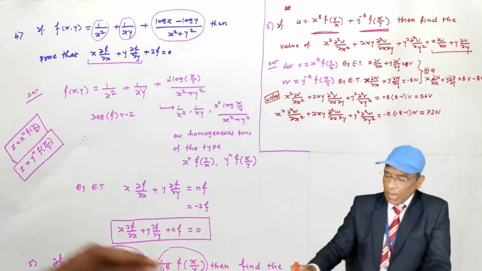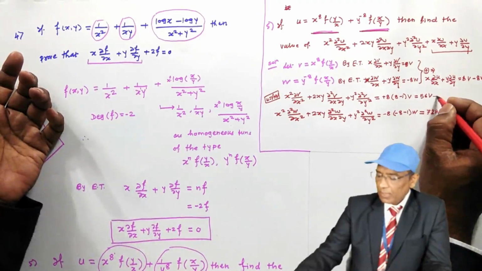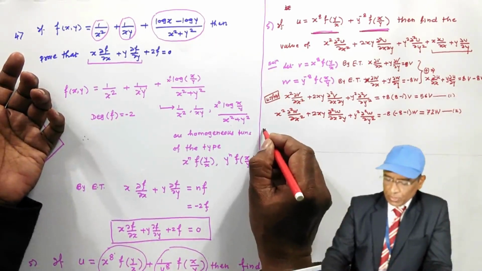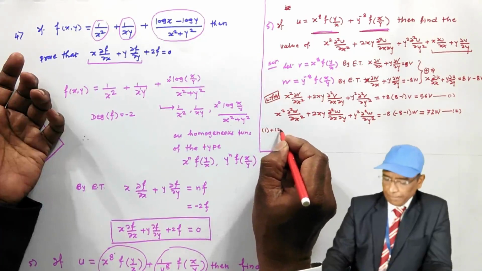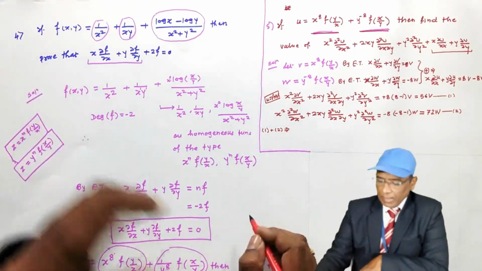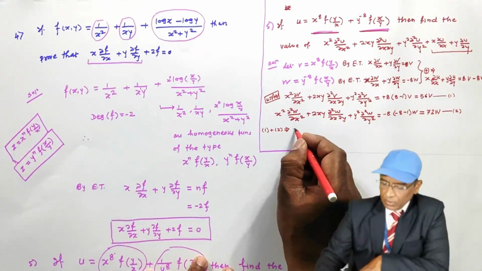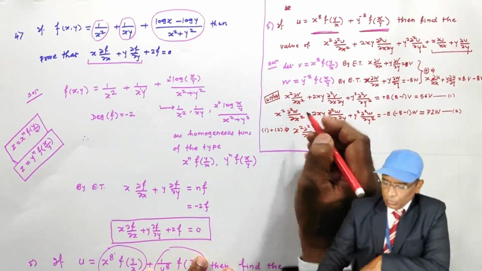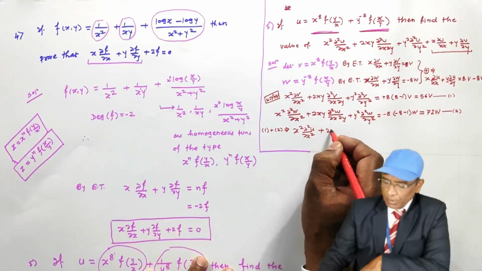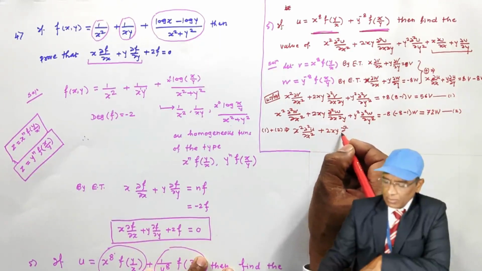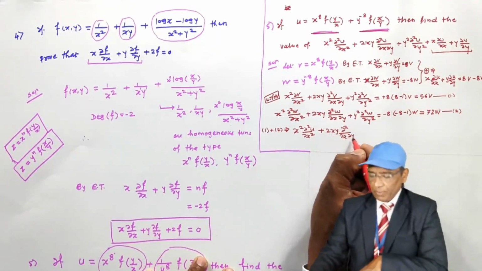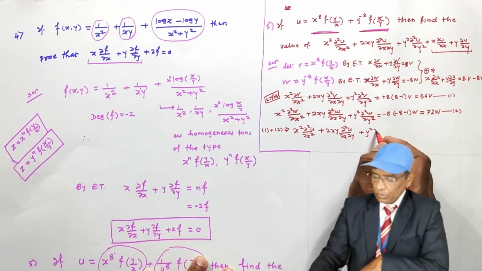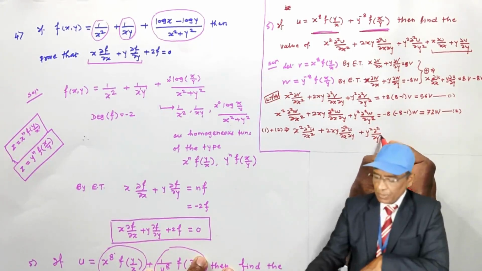Okay. Now I am going to add equation 1 and equation 2. Equation 1 plus equation 2 gives, okay, see I am adding first term x square del 2 by del x square, v plus w is u, 2xy is common, del 2 del x del y, you can say it is a common component, v plus w is u, y square del 2 del y square, here v plus w is u.